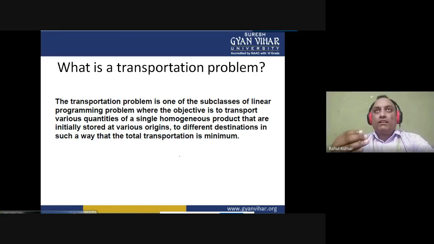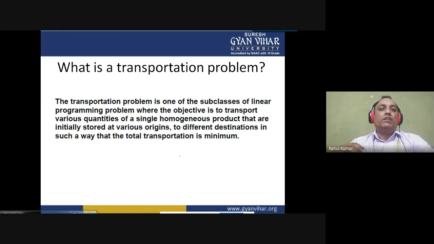But I will take a different example, just like Jaipur to Kota. Suppose any one item where supply is equal to the demand.